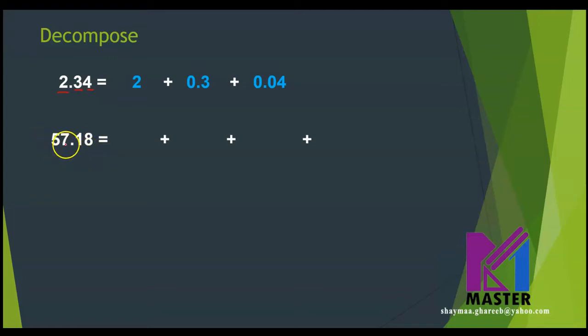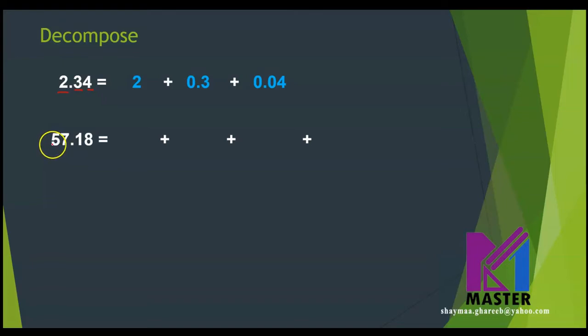Now let's see the next number. 57.18 or 57 and 18 hundredths. It has two decimal places. Tenths, the first place after the decimal, and hundredths, the second place after the decimal point. Now, let's start with the biggest value, which is the 5.